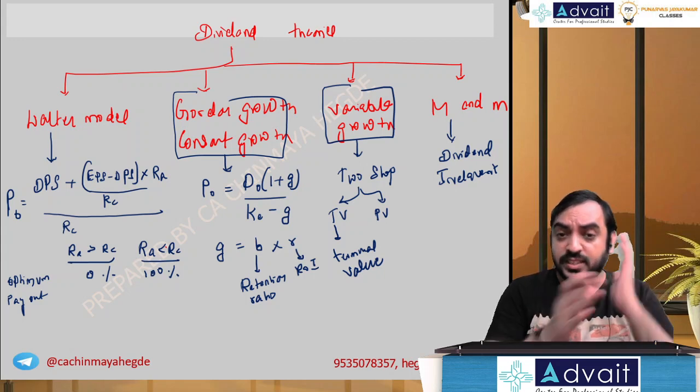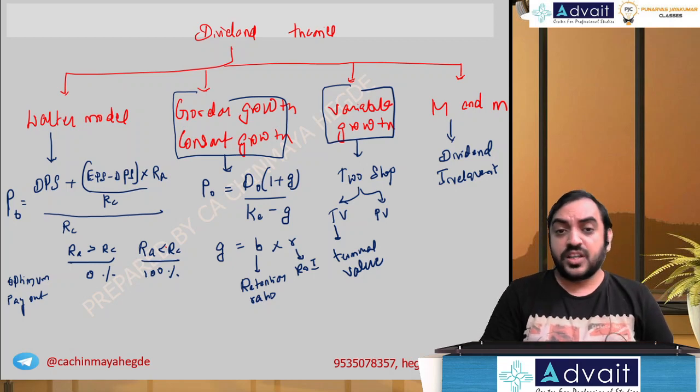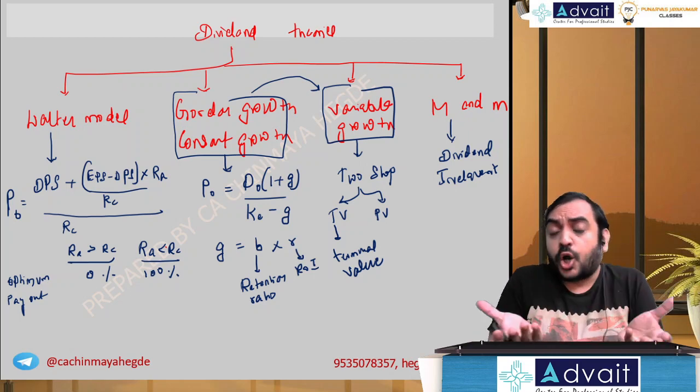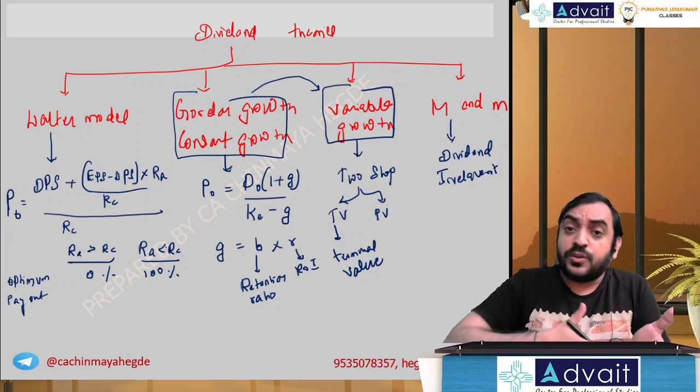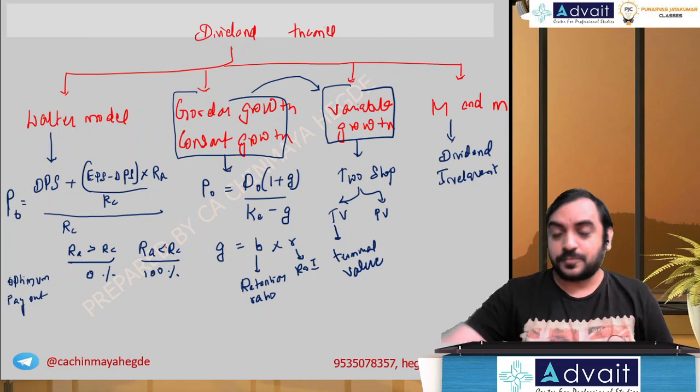I hope you have taken the summary part. I'm going to give you the derivation for the Gordon growth model, and it's connected with variable growth. This derivation is not only used for dividend growth, it can be used for any cash flow growing at a constant rate.